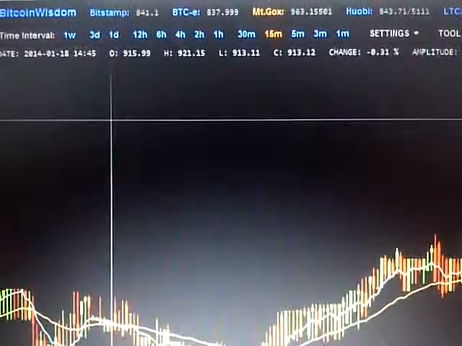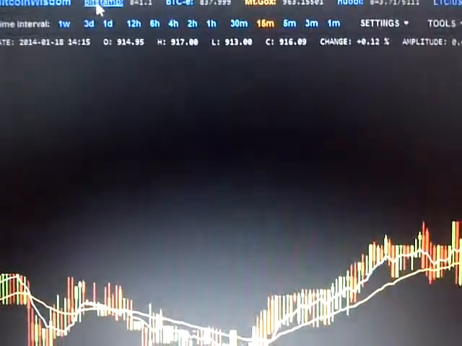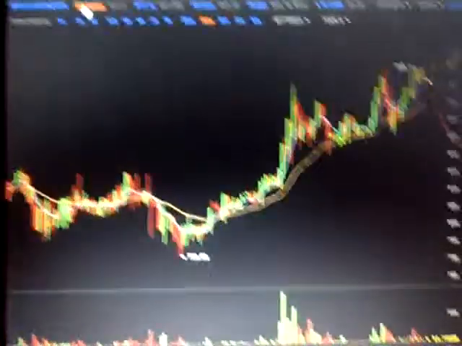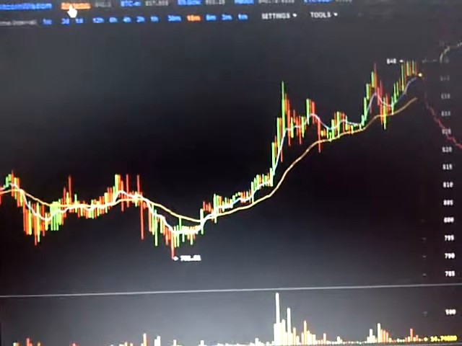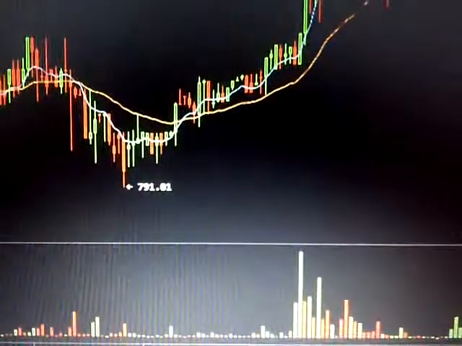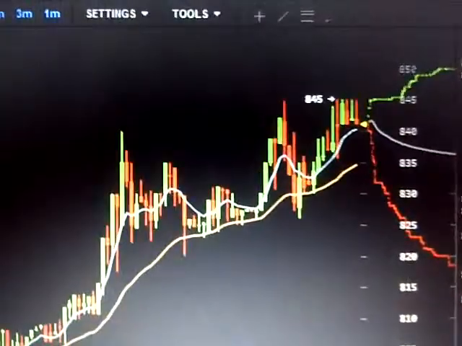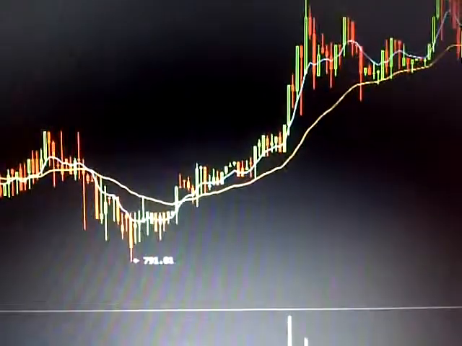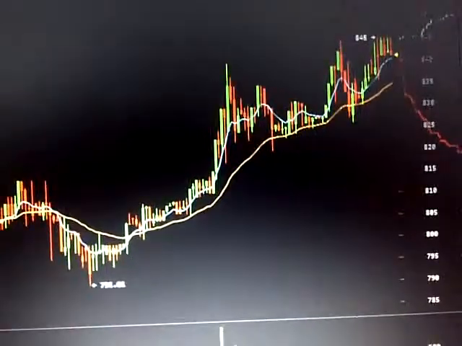But I'm going to go over here and choose Bitstamp. It's the same 15-minute period, and we'll take a look at the price range here. This is 791 going up to 845, so that's about a $55 range in the same time period.